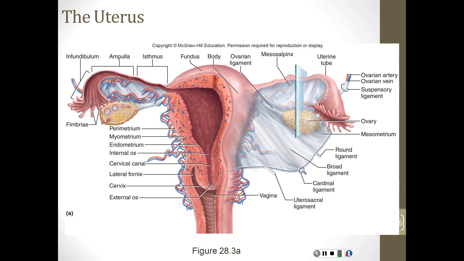Now, the superficial one-half to two-thirds of it is called the stratum functionalis, and this is the area that sheds during menstruation. Now, the deeper stratum basalis stays behind and it generates new functionalis each cycle.